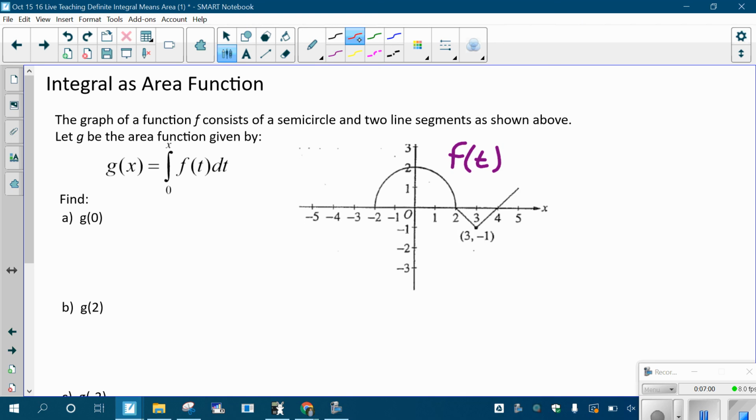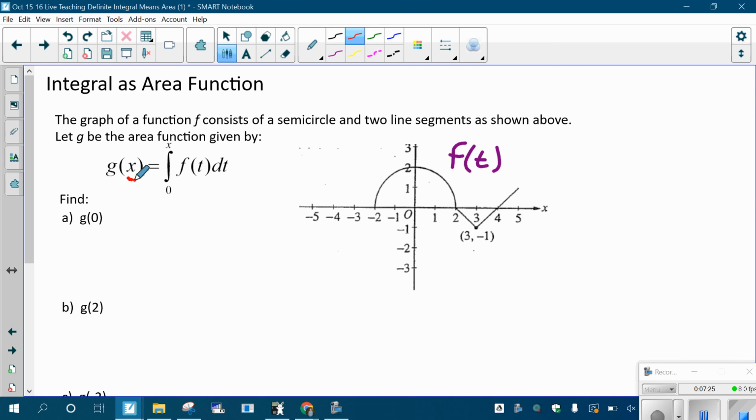We're talking about a different function g, and this function g is weird. You input x values into that function g, and what those x values tell you is the upper bound of where you're finding the area under f. I said that kind of weird, but it tells you the upper bound of the definite integral.